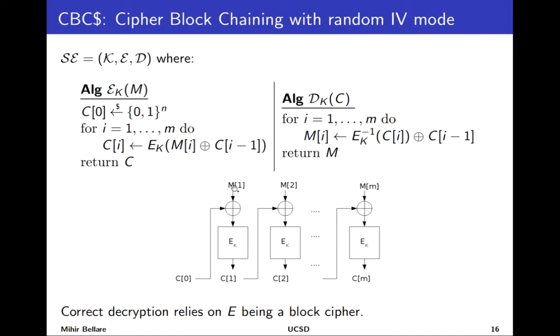And now I'm going to run, as before, effectively, each block through the block cipher to get a ciphertext block. The difference, however, is that randomization occurs through this step here. Every time you call this algorithm, it'll pick something called an initial vector at random. It's just some string of length, the block length of the block cipher. It puts that over here. Rather than encrypt the first message block directly, it XORs that in first.